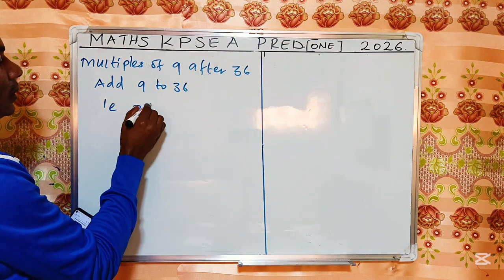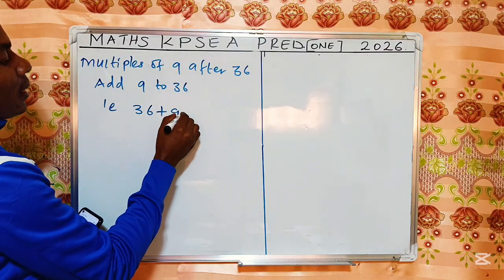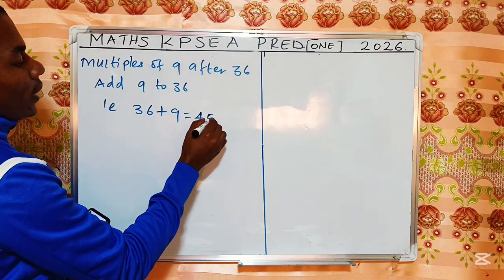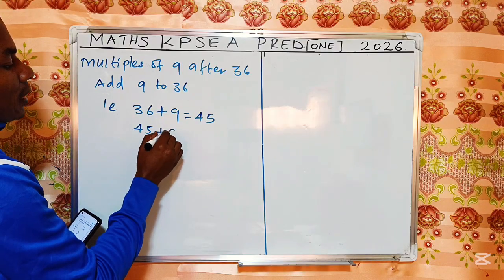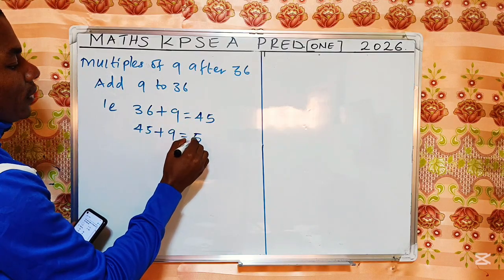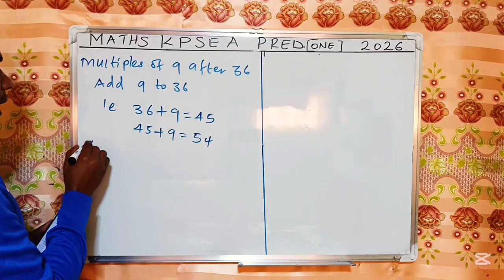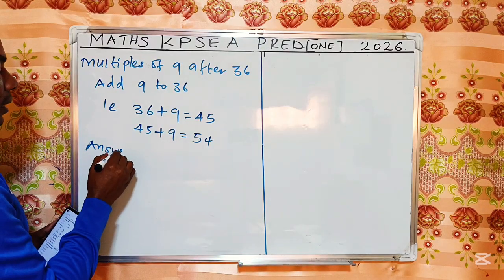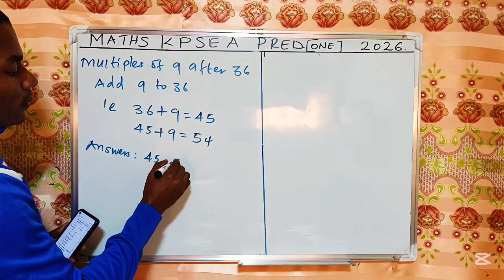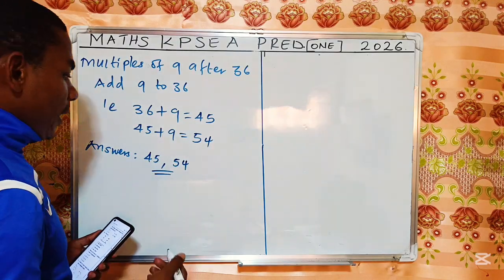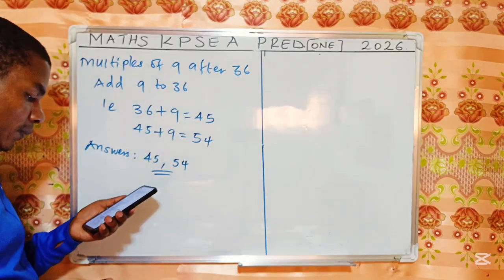That is 36 plus 9. The answer is 45. Then you take 45, you add 9, you get 54. So the answers are 45 and 54.